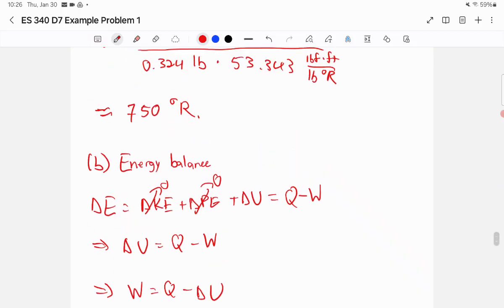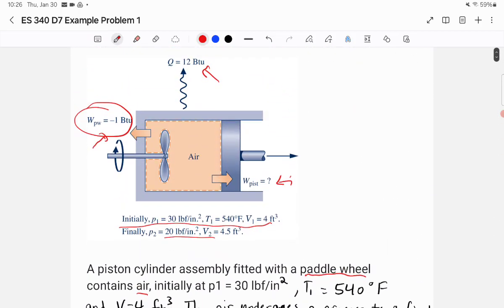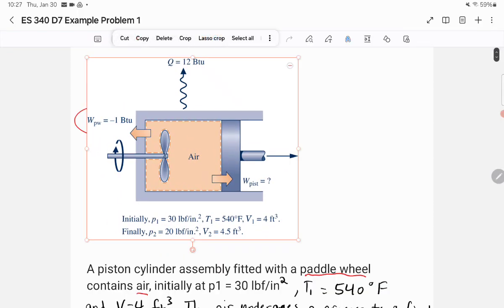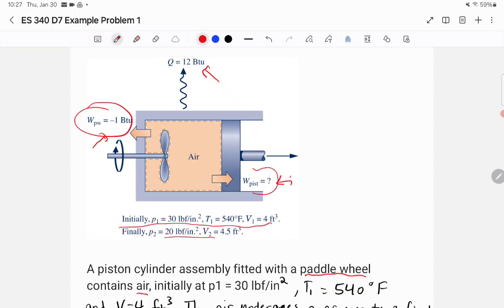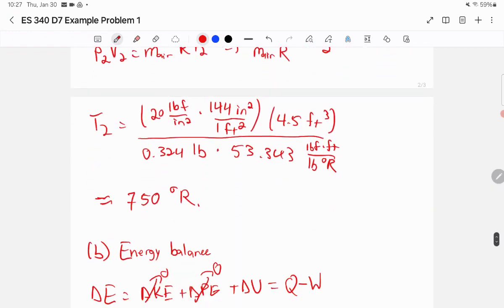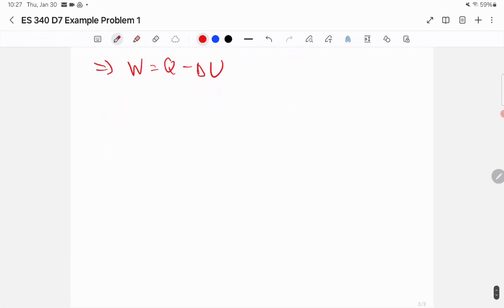Okay, now we have two sources of work. Remember that we have the work being done on the piston, and the work that's being done with the paddle wheel for the air. Those are our two sources.